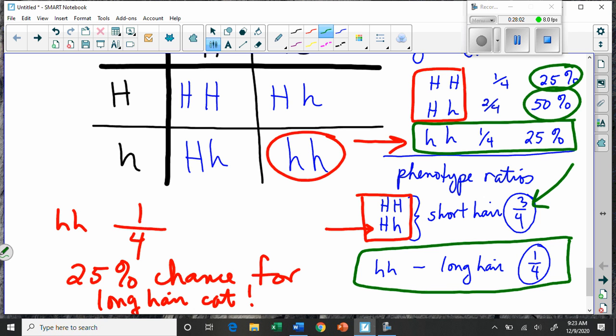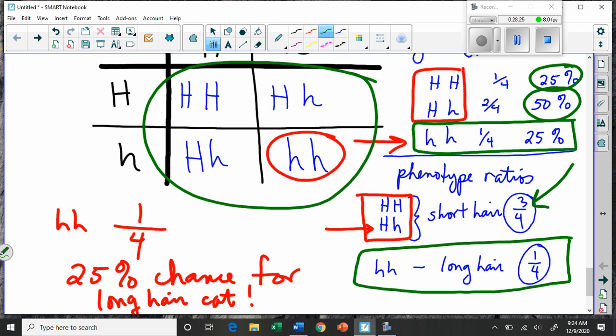So it's pretty straightforward. What you have to also remember, though, is that these are percentages. This does not mean that if you have 4 cats, that's exactly what you're going to get. It means that every time a single cat is conceived, its chances of being long or short hair can be determined by these ratios, right?